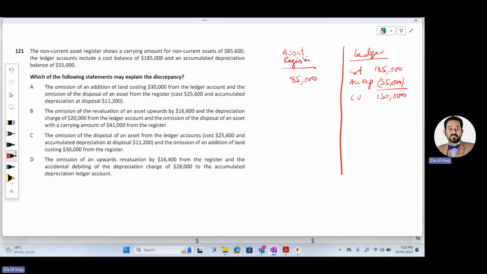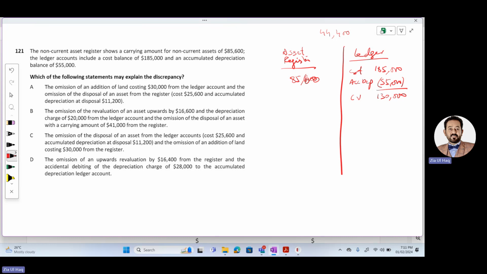The asset register and ledger should show the same balance, but here they are not showing the same balance. There is a difference: 130,000 minus 85,600, the difference is 44,400, I think.